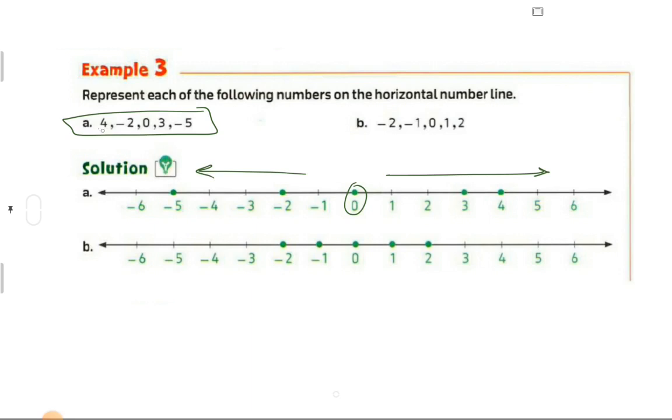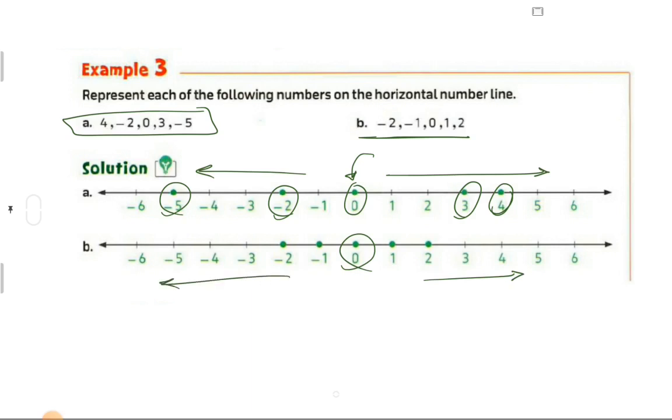You can find that 4 is on the right of 0 and its position is here. -2 is on the left, 0 is the origin point, 3 is positive, -5 is a negative integer. Here we have -2, -1, 0, 1, and 2.